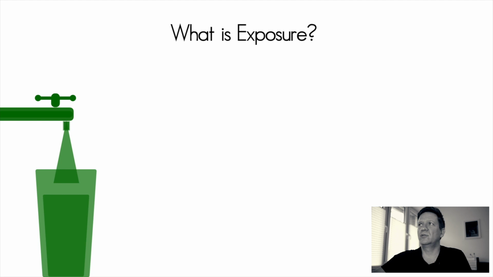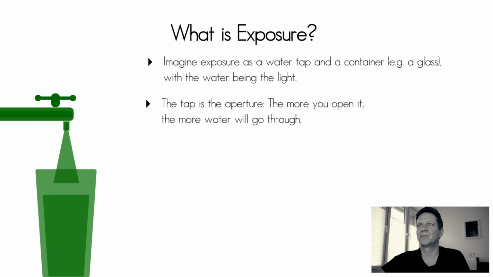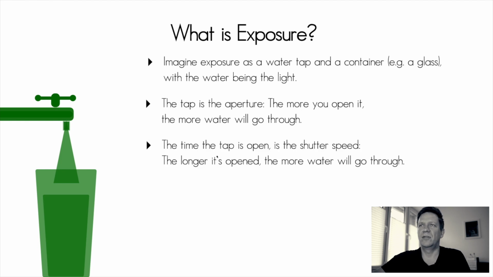So I want to show you a little metaphor to keep in mind what exposure exactly means. Imagine exposure as a water tap and a container, for example a glass, with the water being the light. The tap is the aperture. The more you open it, the more water will go through. The time the tap is open is the shutter speed.